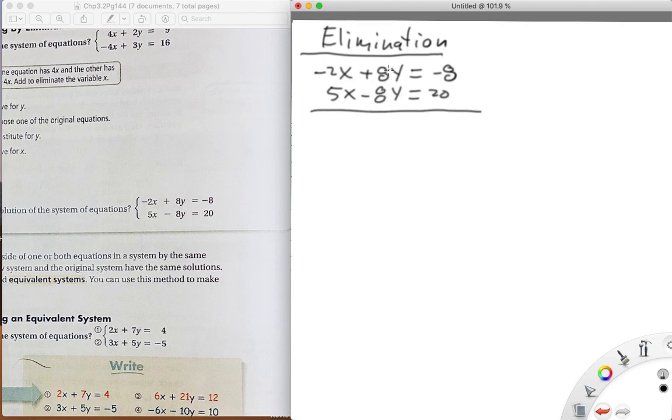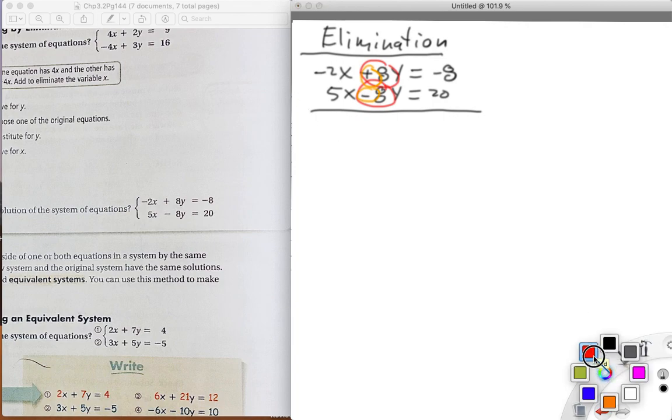So notice that they both have an 8y. I have an 8y here. I have an 8y here. Also notice that they have different signs. One is a minus, one is a plus. Since they have different signs, I can eliminate, hence elimination method, the 8y's by adding my equations.